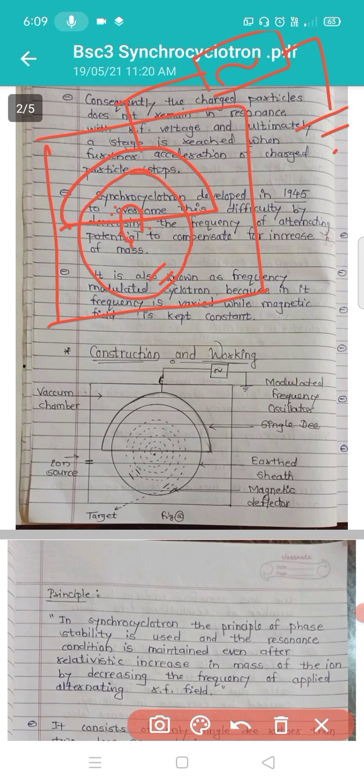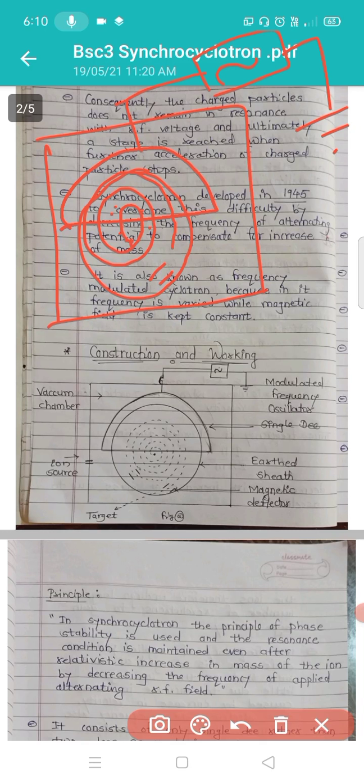The ions therefore undergo a large number of revolutions, and after getting sufficient energy, the particle is deflected by a deflector to hit the target.